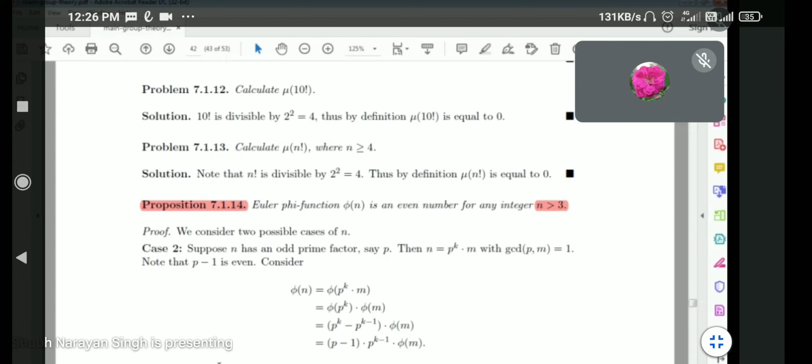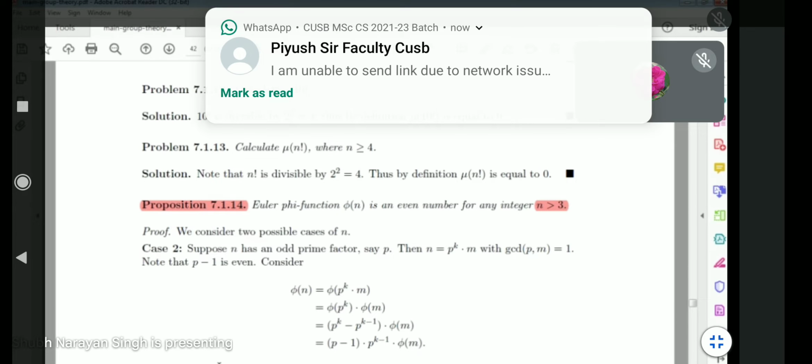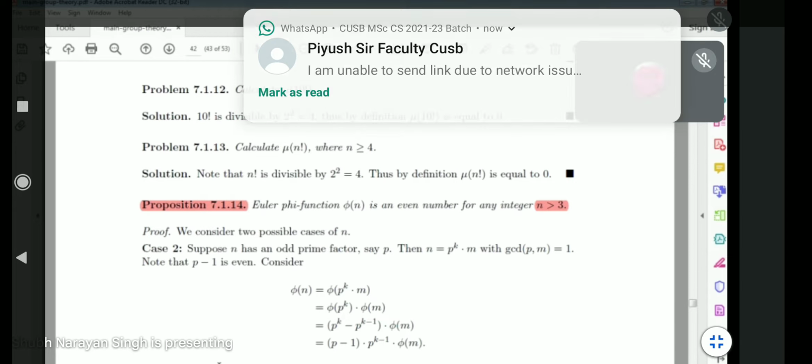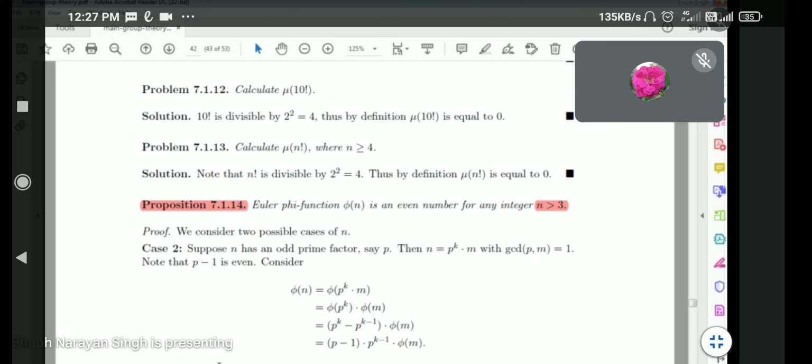And you are going to verify mathematically the statement that the Euler phi function of any positive integer n which is greater than or equal to 3 is always an even number. I write greater than or equal to 3 because if n is equal to 3, then phi of n equals 2, which is also an even number.